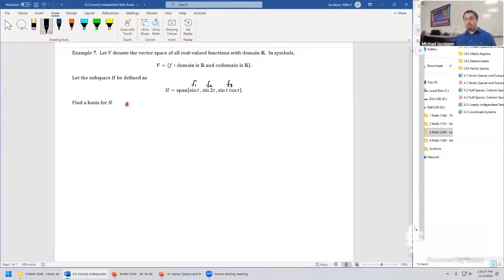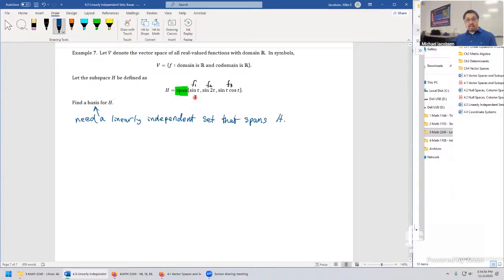We want a basis. A basis does 2 things. It has to first span, so that part's done. Spanning is already qualified, so to get a basis, we just need a linearly independent set that spans H. Since this already spans H, we want to determine if this is linearly independent.